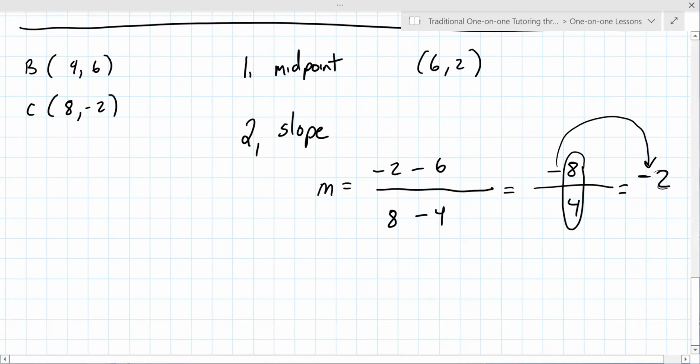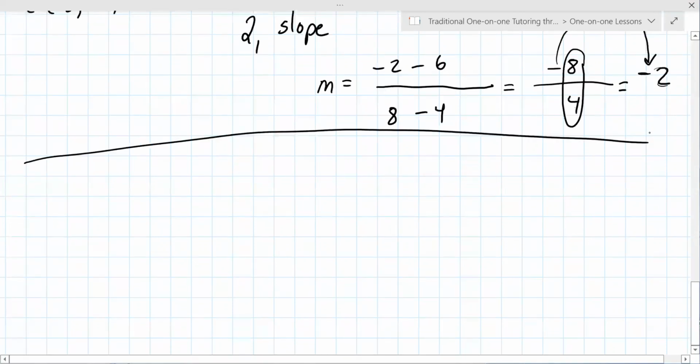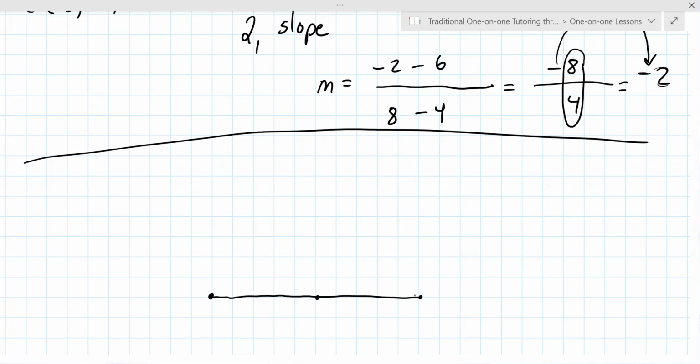Okay. Great. So let's talk about what a perpendicular bisector is. Let me draw a line here, and this line is 10 squares long.